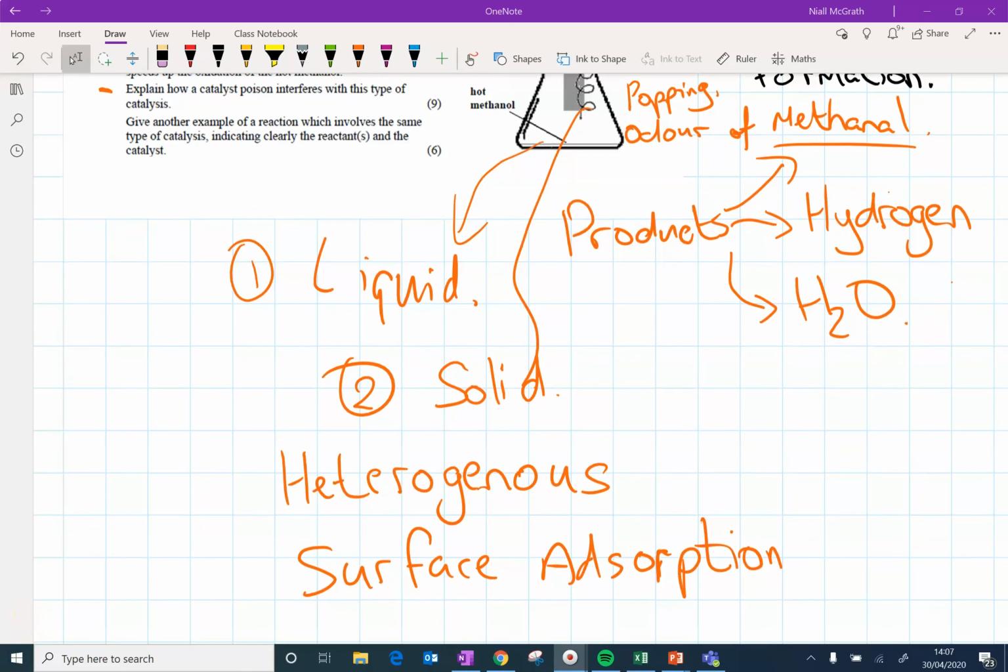The last part of the question then: give another example of a reaction which involves the same type of catalysis, indicating clearly the reactants and the catalyst. There are so many of these on your course. The first one that pops to mind would be the decomposition of hydrogen peroxide, H2O2, using manganese dioxide as a catalyst.